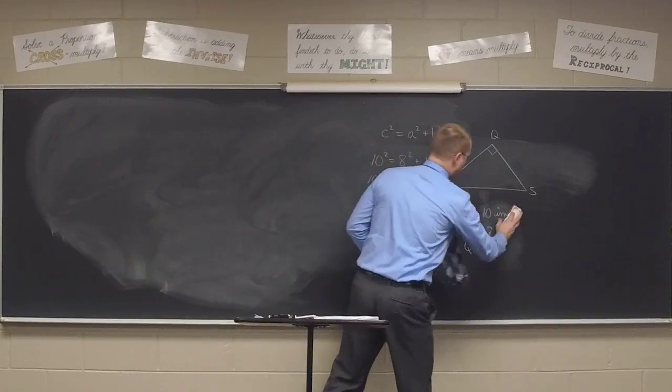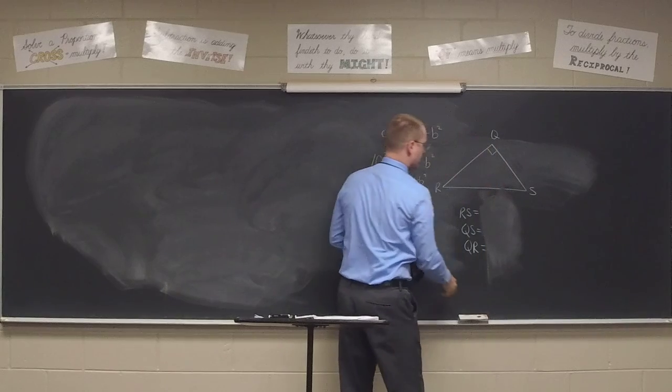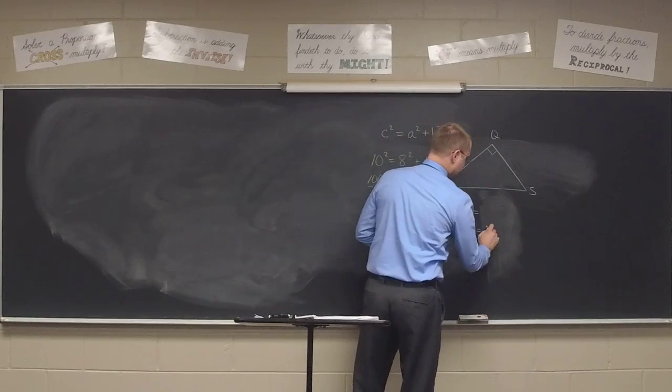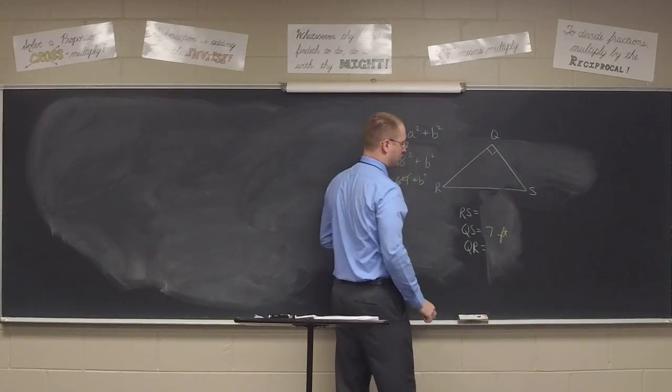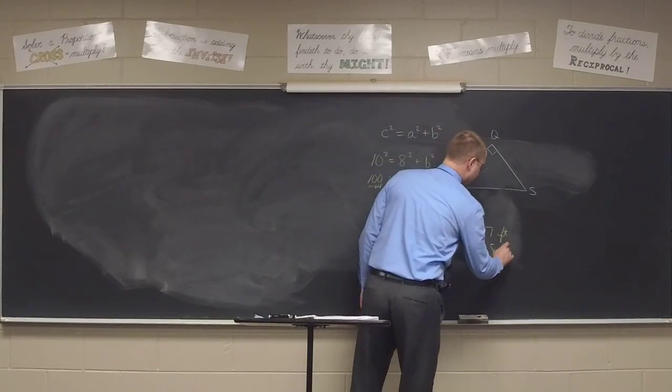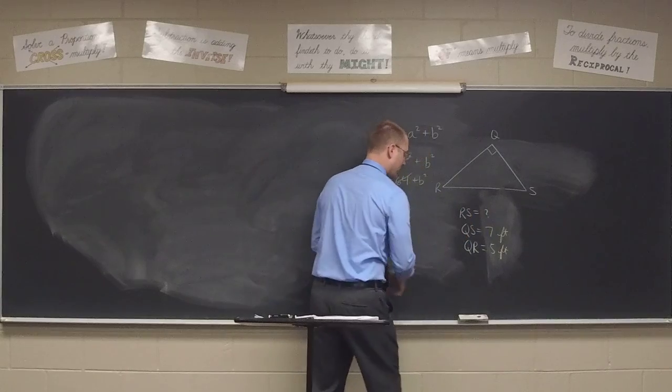Let's do one more very quickly. Supposing that we knew that QS is 7 feet, and supposing we knew that QR is 5 feet. Find RS.